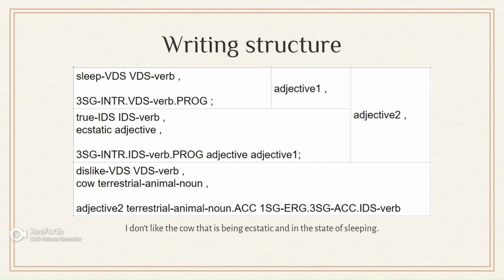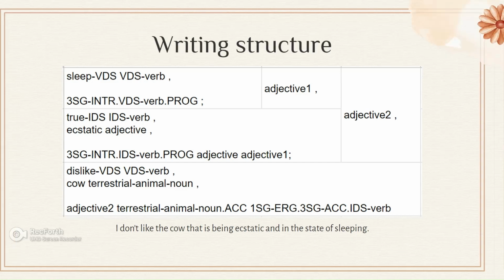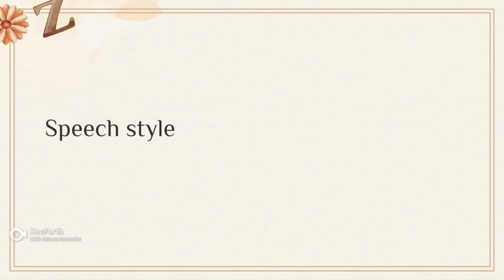And then for the last one, you would do cow, dislike, and that is how it works. This, after glossing, would look like this. But what it roughly means is, I don't like the cow that is being ecstatic and in the state of sleeping. Now, I know that doesn't make sense, but don't really care.